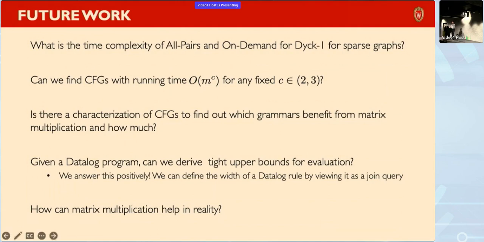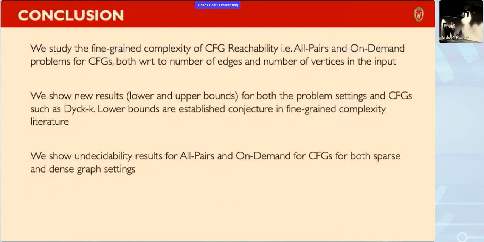And finally, for all the practitioners, how can we use matrix multiplication to help in reality? This is not a far-fetched question, because in the database community, it has been shown that you can use matrix multiplication to speed up join processing by orders of magnitude. So I believe something similar can also be done for evaluating CFGs and important problems in the PL community. With that, I will conclude and we can take questions.